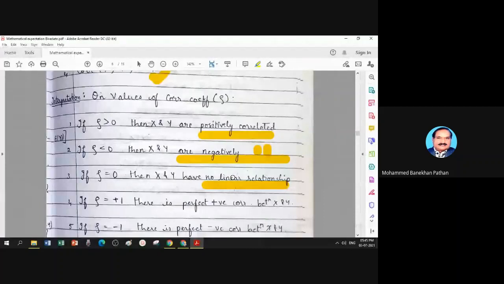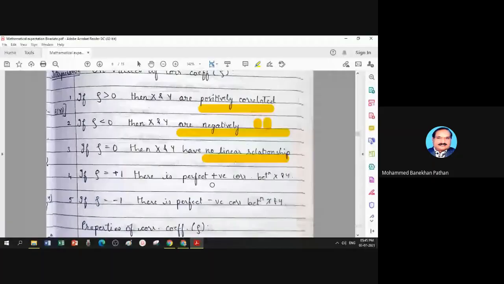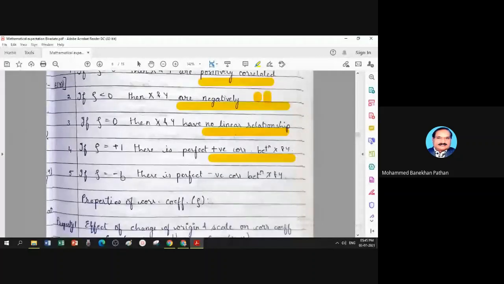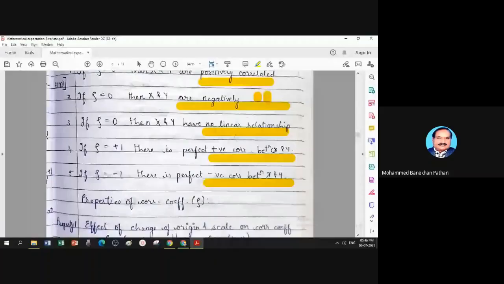Rho equal to 1, there is perfect positive correlation between X and Y. If rho is equal to -1, then there is perfect negative correlation between X and Y. What is the meaning of perfect? It means if X increases, then Y has to increase in the same proportion, that is called perfect positive.